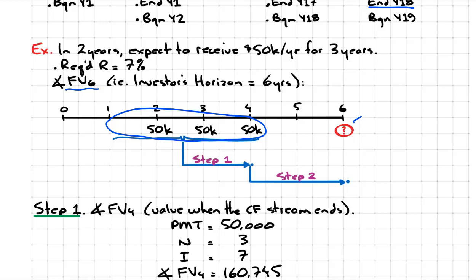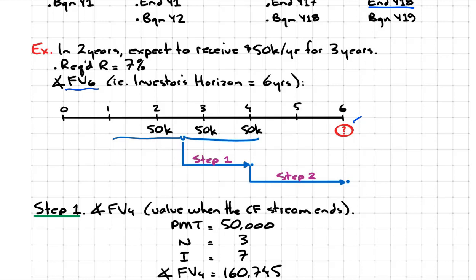They tell you what that cash flow stream is worth either at the beginning of the cash flow stream or at the end of the cash flow stream. Now the reason I'm dwelling on this is because we don't want to know what the value is at the end of the cash flow stream, because you could see that there's a 2-year gap from the time where the cash flow stream ends to the time that we want to find the ending value. And this is why we need 2 steps.